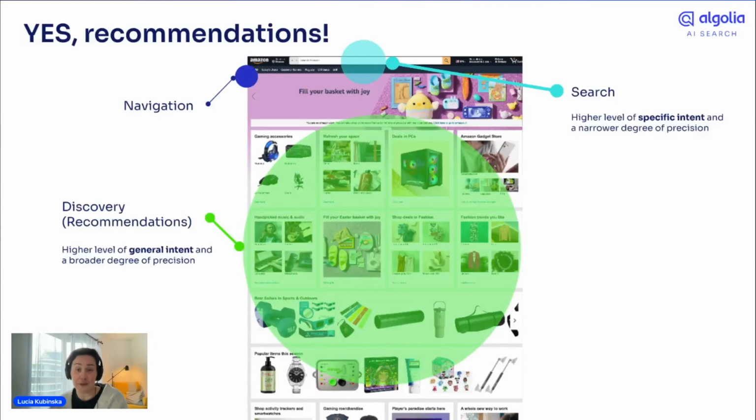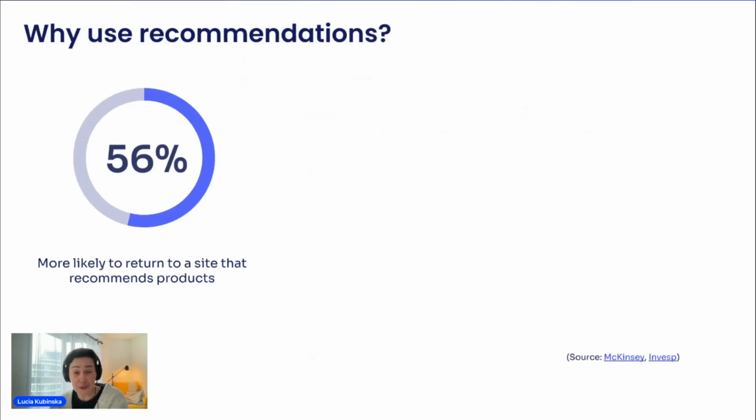Luckily, if you have recommendations in place, they can inspire people to make useful additional purchases or choose a better product or find content that is related and relevant in a smooth, frictionless journey. It allows your visitors to simply discover more in a better way. There's good reasons why so many websites and apps contain some sort of recommendations.